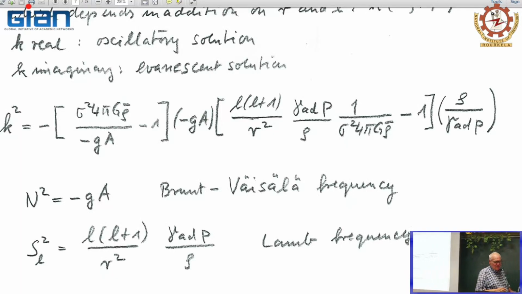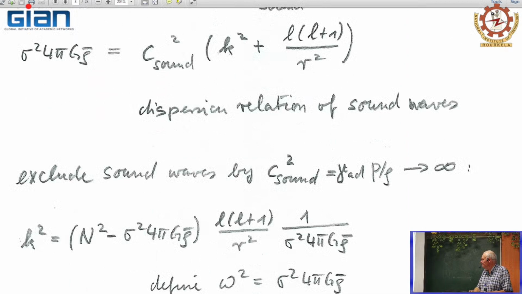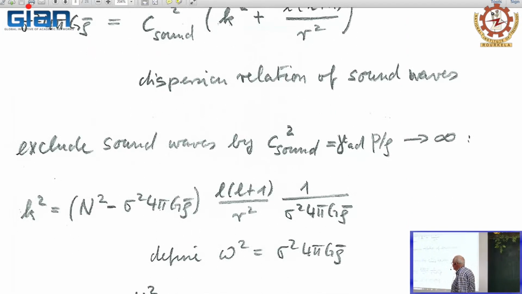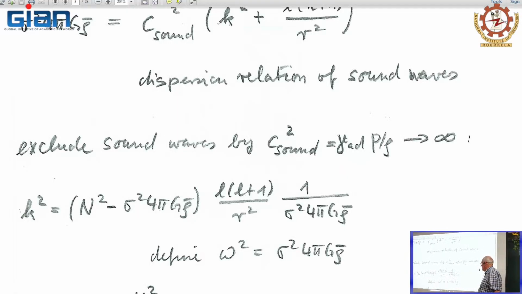And this bracket can then be written as k squared is the Brunt-Väisälä frequency minus sigma squared times L plus 1 over sigma squared.